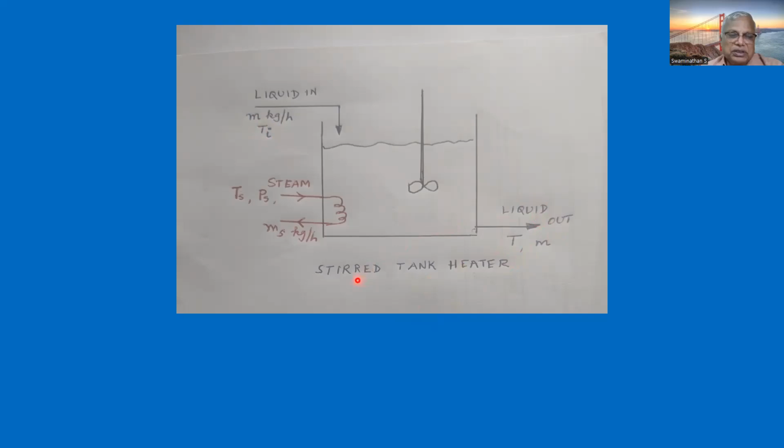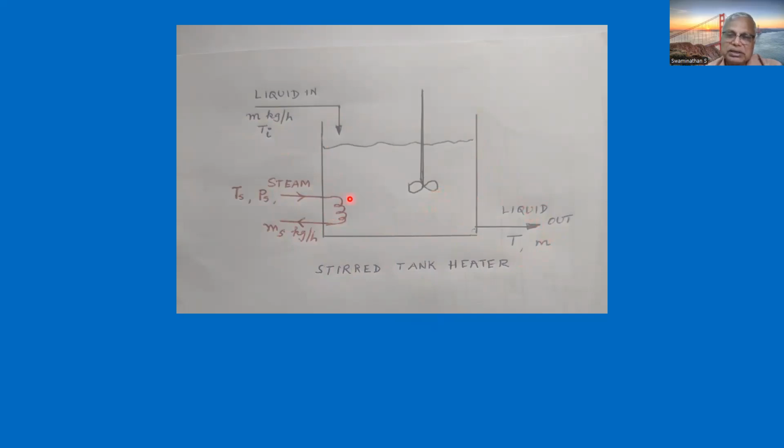So what do you require for this? We can design this for this process requirement. If you are going to use steam as a heating medium, you can calculate and design how much steam, ms kg per hour, is required at a given pressure and temperature, and what is the area or size of the heating vessel.